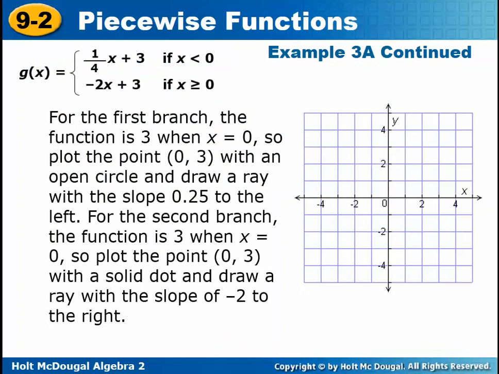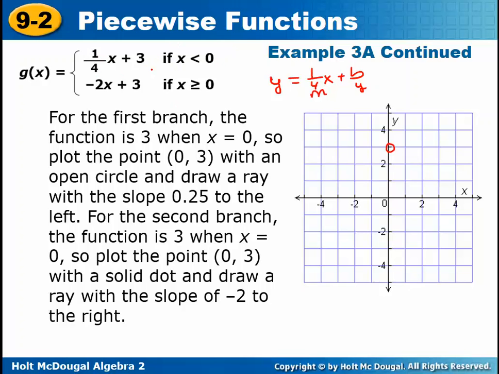So one way we can do this is the slope-intercept method. This is our slope, and this is our y-intercept. So b is our y-intercept, and that's 3. But I'm going to put an open circle there because that's when x is equal to 0, and I can't have x equals 0 for the first part.